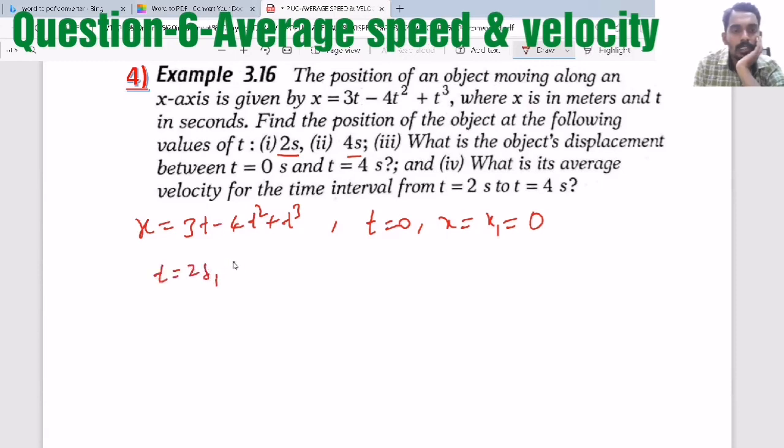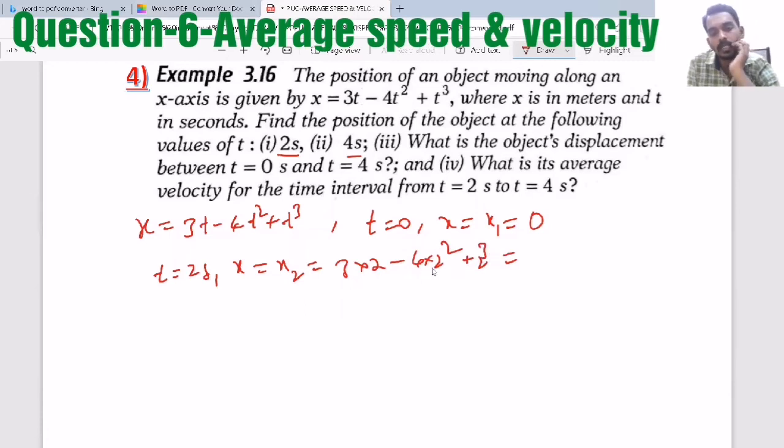Now at t equal to 2 seconds, let's take x2. That is 3 into 2 minus 4 into 2 square plus 2 cube. So 6 minus 16 plus 8, so minus 2. Now at t equal to 4 seconds, what is the position?